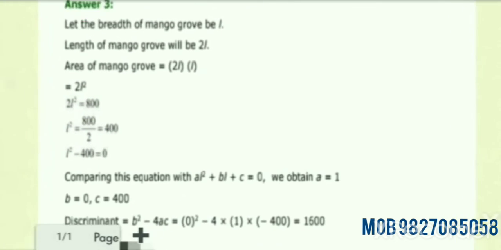So according to our method we get area is equal to 2L square, but according to the question it is equal to 800. Now solve for L. So we get L square minus 400 is equal to 0.